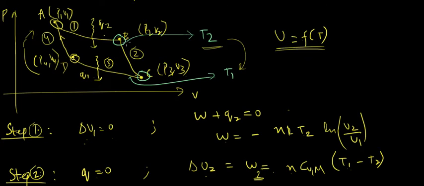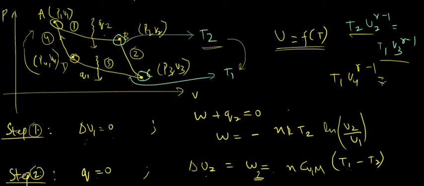At this position we have temperature T2, volume V2, so we can write T2 V2 to the power gamma minus 1 would be equal to, here temperature is T1, volume is V3, T1 V3 to the power gamma minus 1. And here it's also an adiabatic process, so we can write that T1 V4 to the power gamma minus 1 would be equal to T2 V1 to the power gamma minus 1.